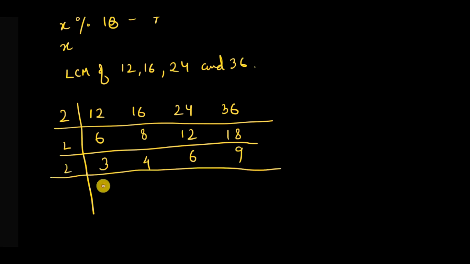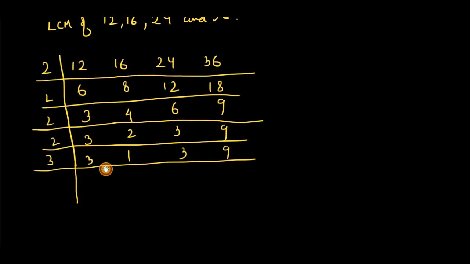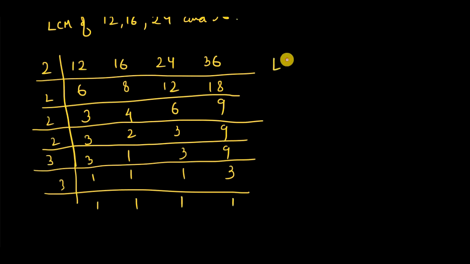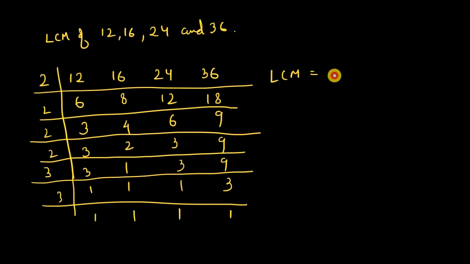Again by 2: 3, 2, 3, 9. Once more by 2: 3, 1, 3, 9. And next one will be 3: 1, 1, 1, 3, and last 3. So the LCM of 12, 16, 24 and 36 will be 2 into 2 into 2 into 2 into 3 into 3.